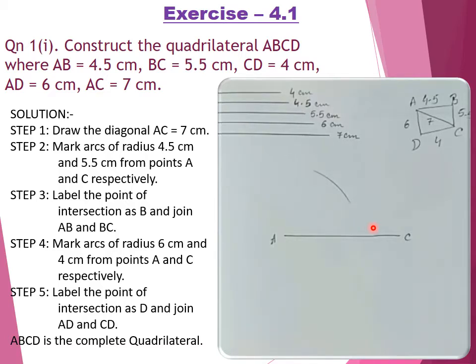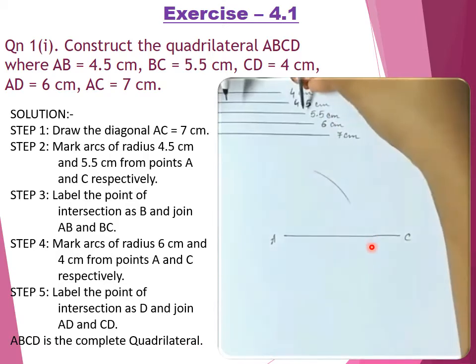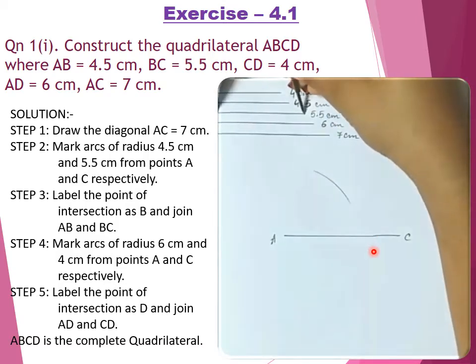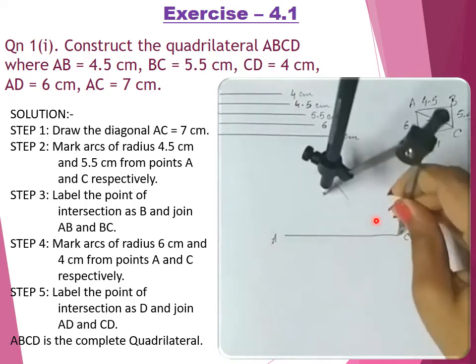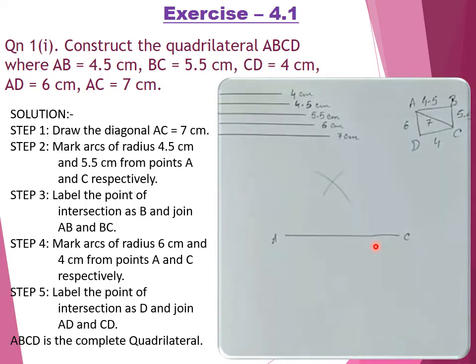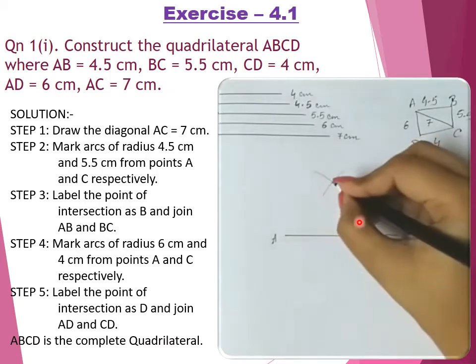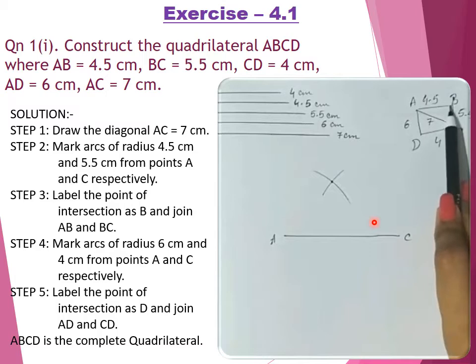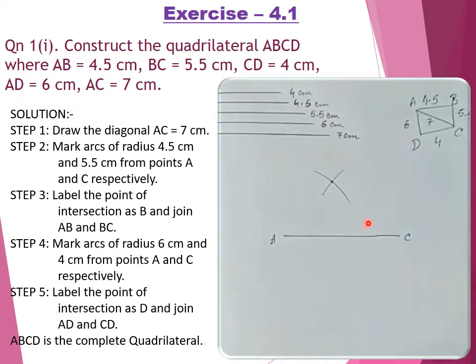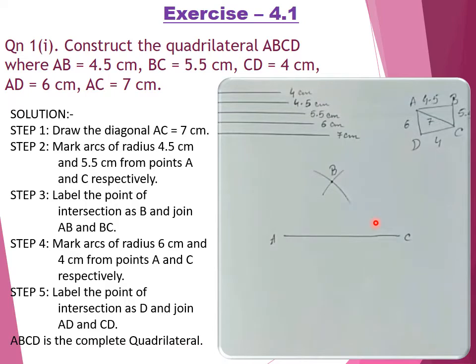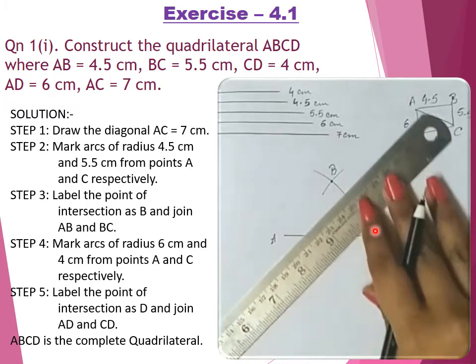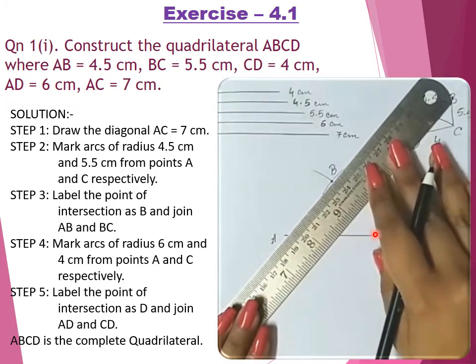Now the other side BC is 5.5 cm. So we will take an arc length of 5.5 cm and from point C we will again draw an arc like so. So we have a point of intersection right over here and according to the rough diagram it should be point B. So we'll mark it as point B. Now simply join the points AB, AC.